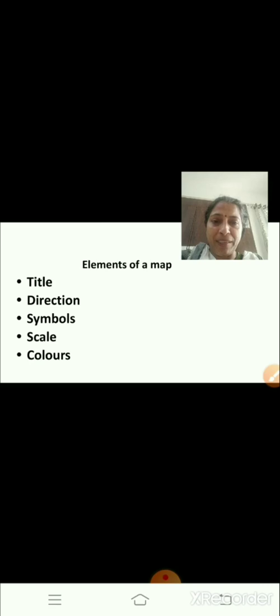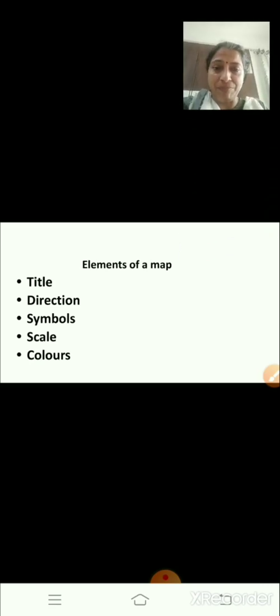So our next topic is elements of a map. Let's start. Maps consist of certain elements, and these elements are used to give us different bits of information about the map and the area it covers.